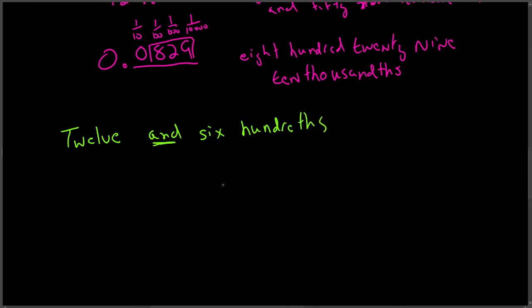And is going to be my decimal point, and the 12 will go before it. Now the 600ths means, well, hundredths means I'm going to have 2 decimal places, and 6 is going to be in the second decimal place. So I need 2 decimal places, so I have 6 hundredths.